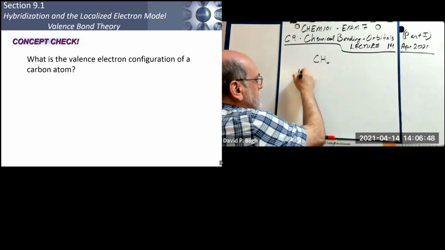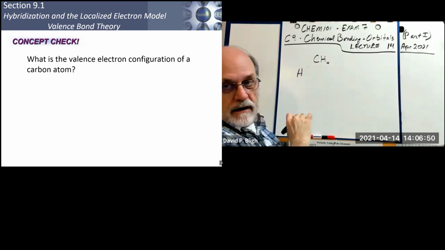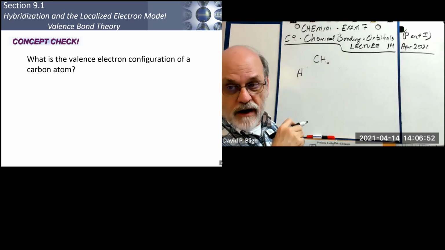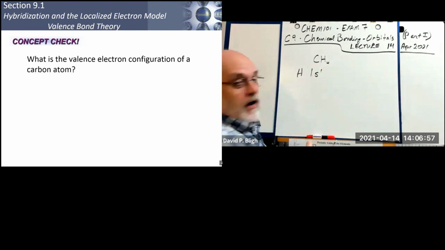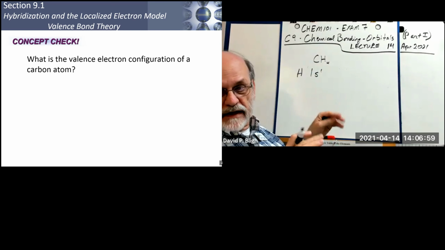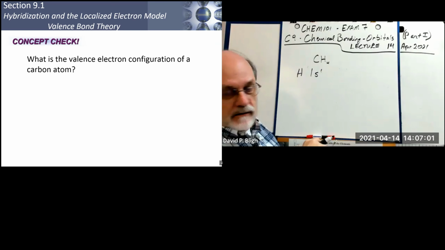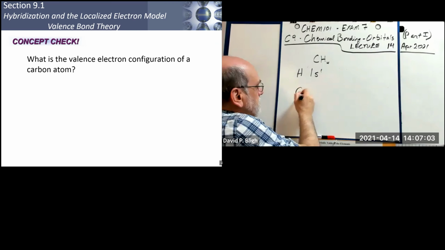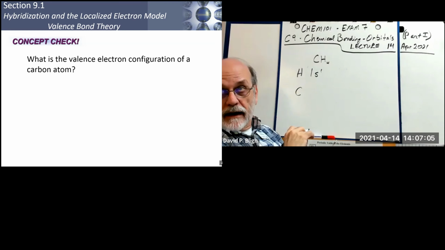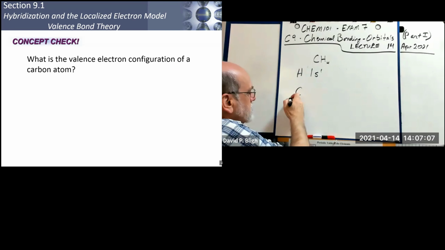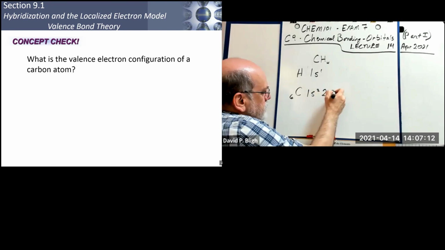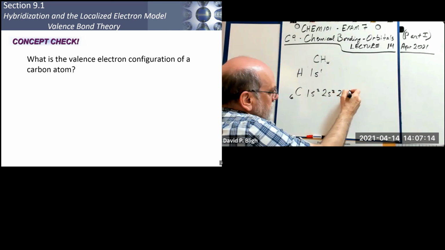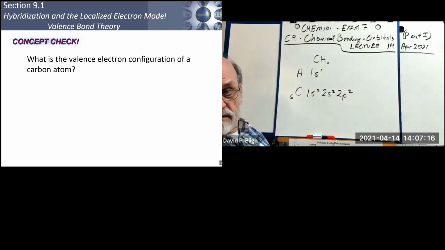The hydrogen electronic configuration is going to be 1s1. That's it. It has an s orbital. No big deal. Carbon has 6 electrons. So it's going to be 1s2, 2s2, 2p2.